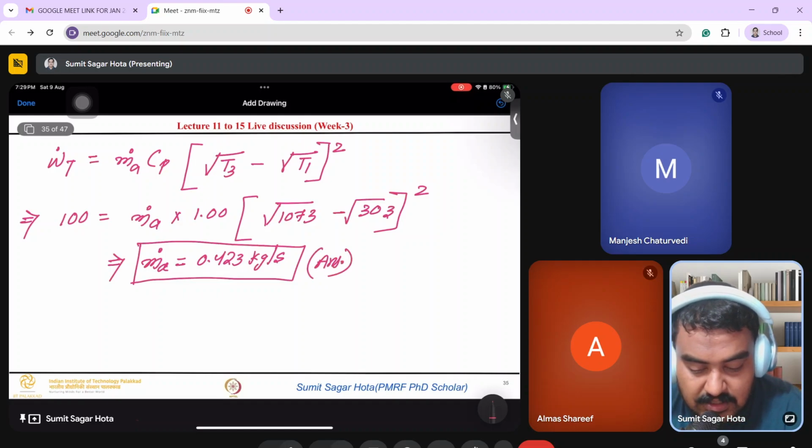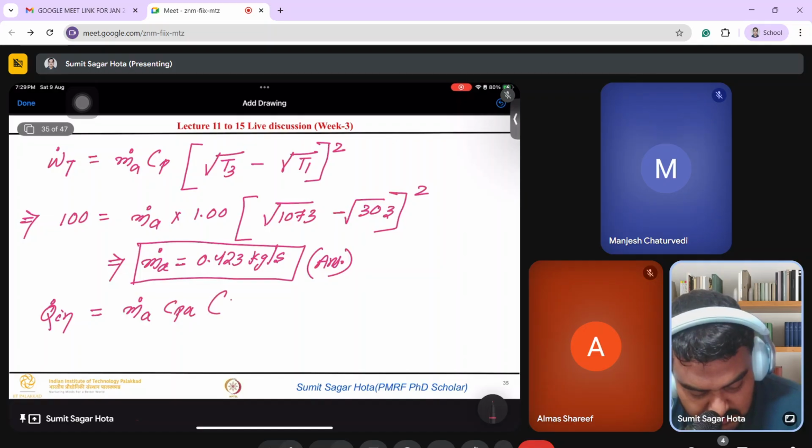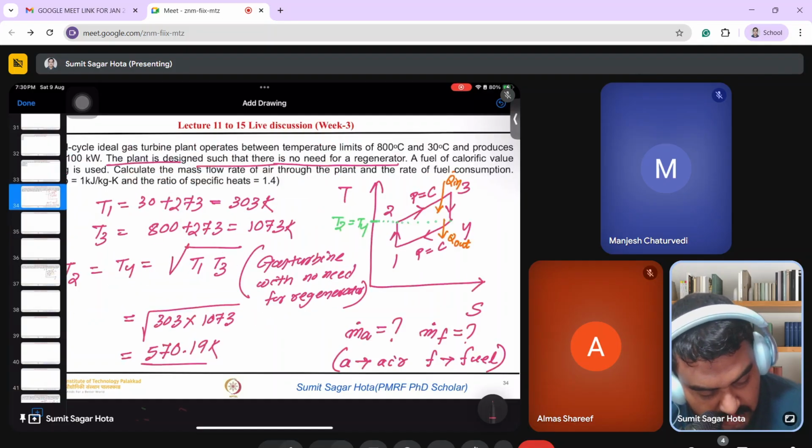Similarly, we know the heat input Q equals m Cp delta T, which will be m dot a Cp of a into T3 minus T2. You can see here from 2 to 3 there will be constant pressure heat addition for a Brayton cycle.